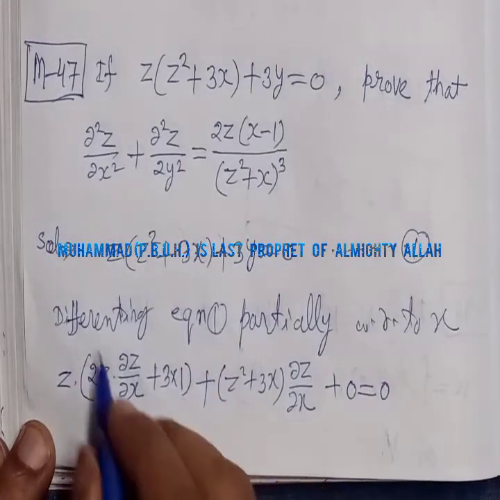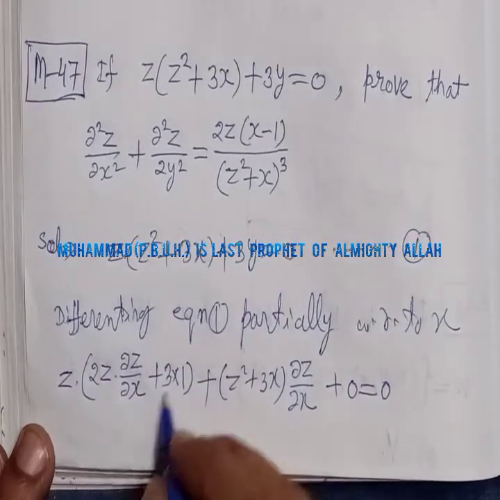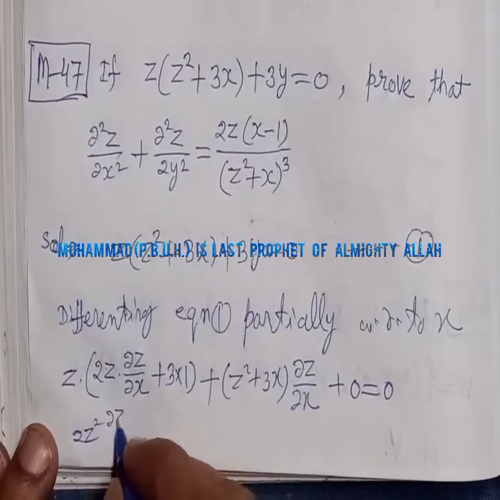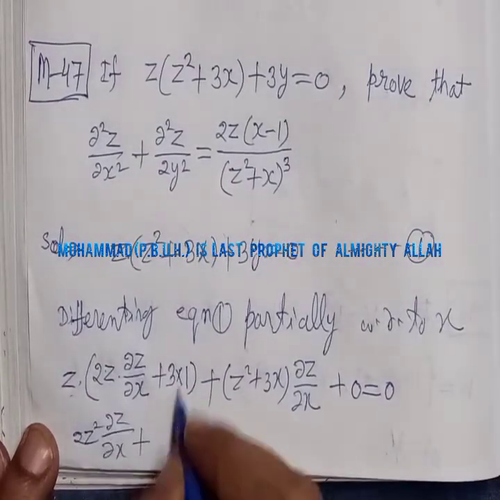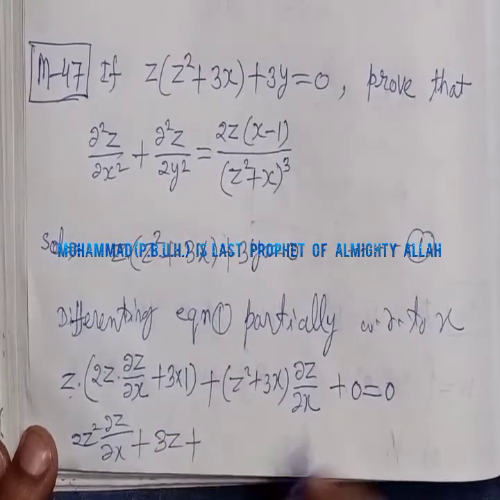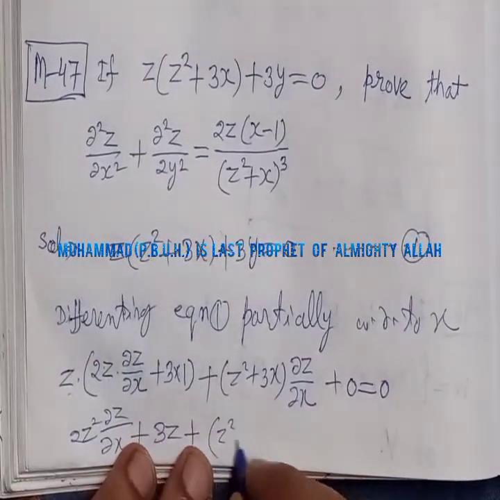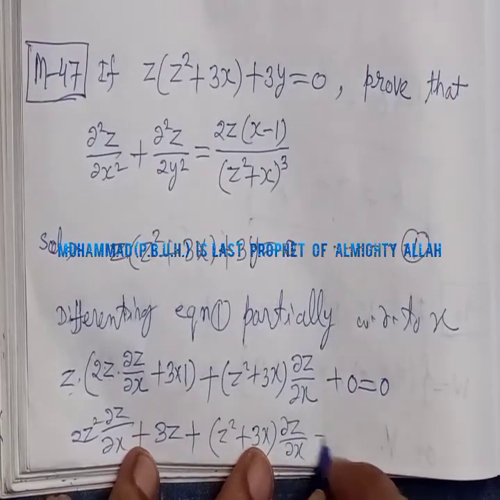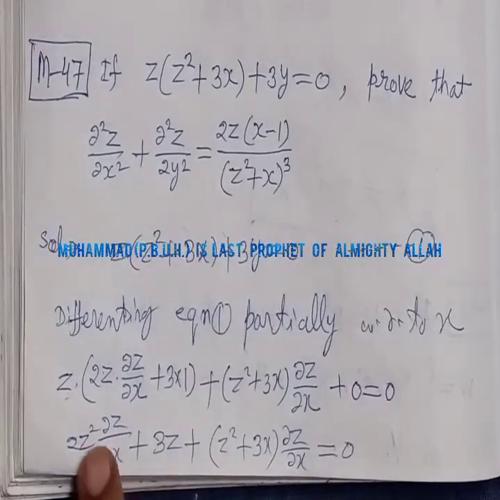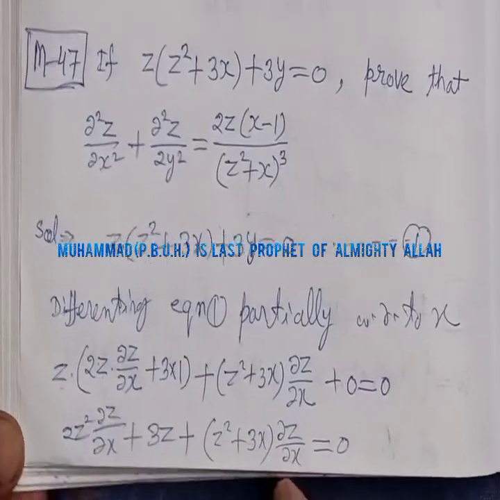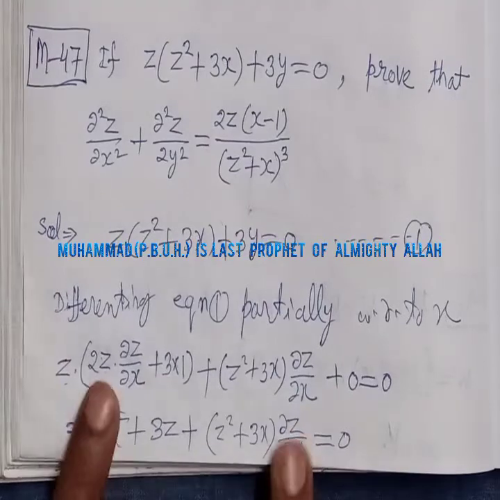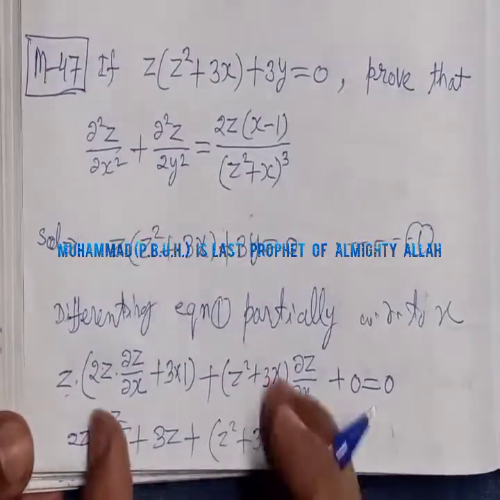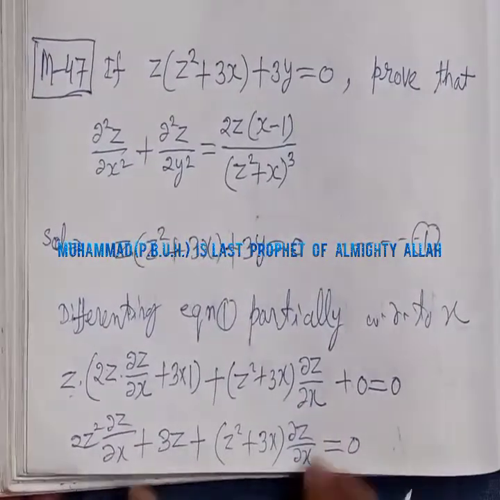Now open the bracket and multiply z to both the terms. We get 2z into z square del z over del x plus 3z plus (z square plus 3x) del z over del x equal to 0. Now in these two terms del z over del x is common, so take out del z over del x from these.